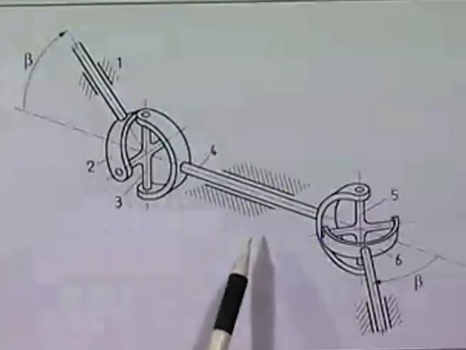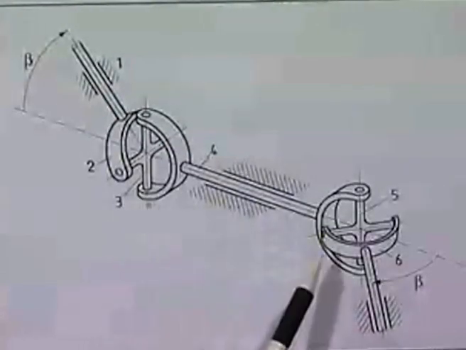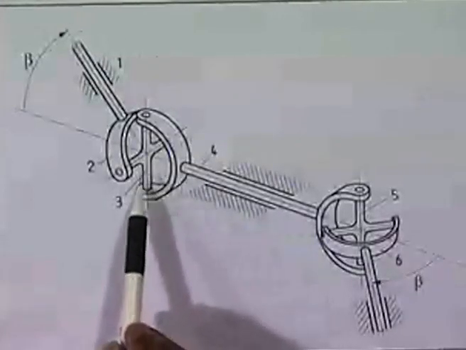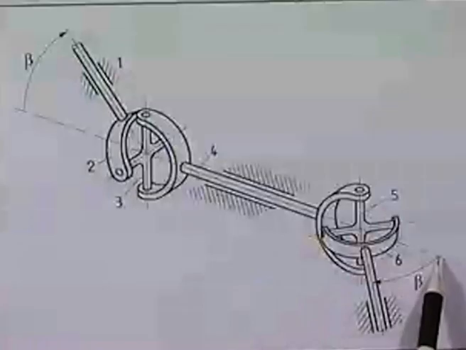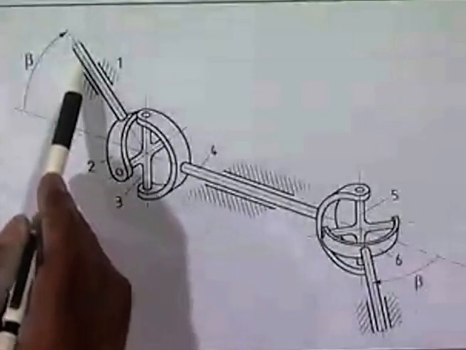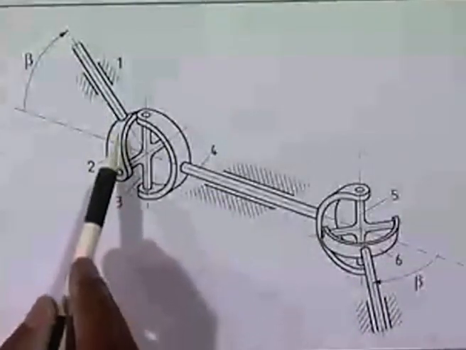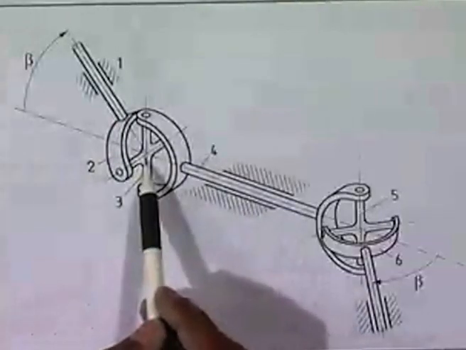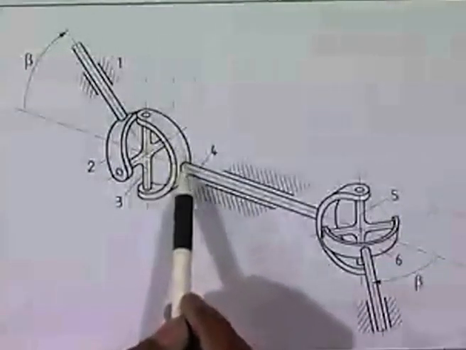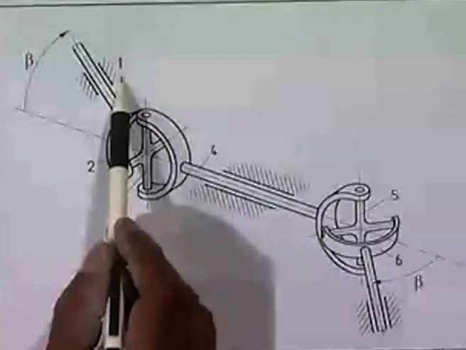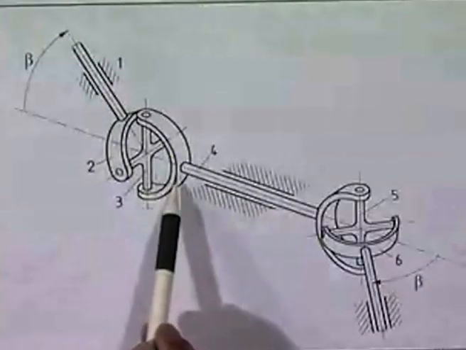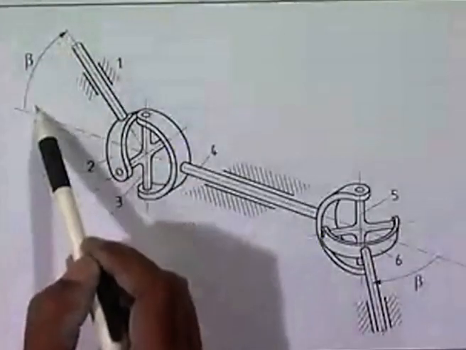This sketch shows a self-compensating Hooke's joint, which is nothing but two identical Hooke's joints in series, having the same shaft angle. Suppose this is the input shaft, which is link number 2, containing this fork. This is the cross arm, and this is the output shaft for this Hooke's joint. One is the frame, 2, 3, 4, and the shaft angle is beta.